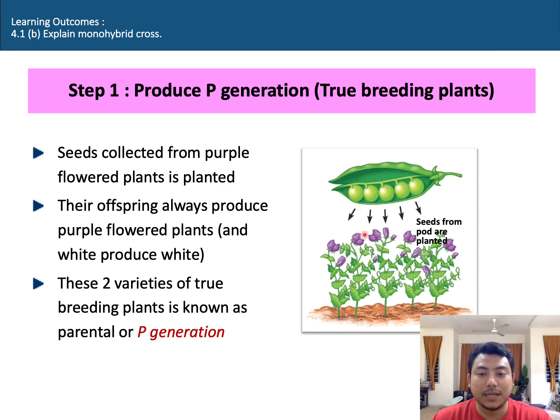So biji-biji ini ditanam. Their offspring always produce purple flower plants, whereas the white flower plants will always produce white plants. Logiklah, sebab dah memang dia pure breed pun. These 2 varieties of true breeding plants are known as the parental or P generation.